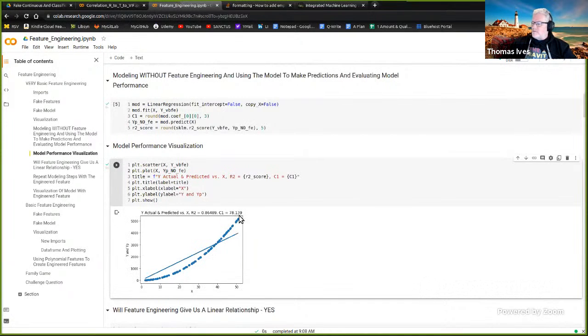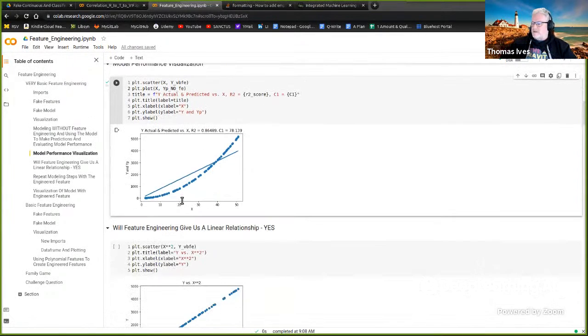Well, we know ahead of time that if it were using X², we would have had a coefficient of 2. But the R² score is not that, it's not horrible, but it's not that great. This would be better than using nothing. So it's okay, but can we do better?